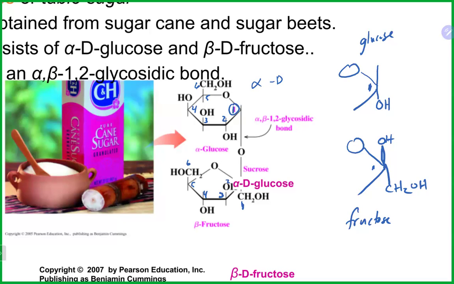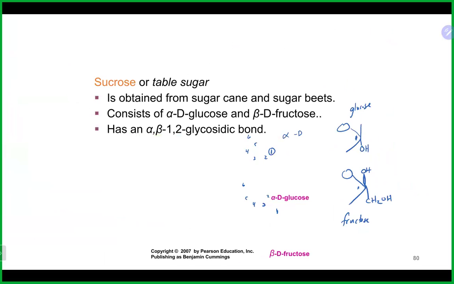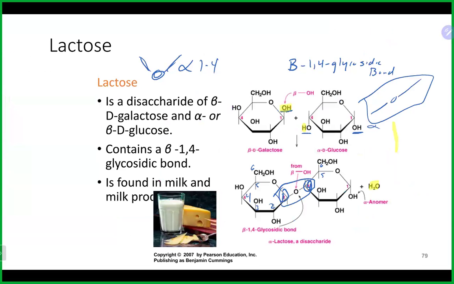Here the connection is actually at the alpha or beta carbon on both of them. And this is why we see both descriptions there, alpha and beta. On the previous ones, we had just alpha or beta, and that is because on the previous ones, we only involved one of those alpha carbons or beta carbons.